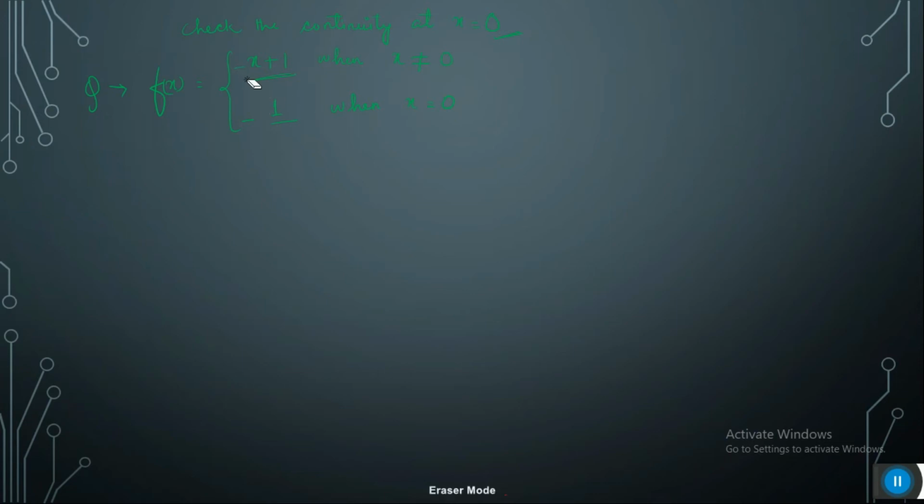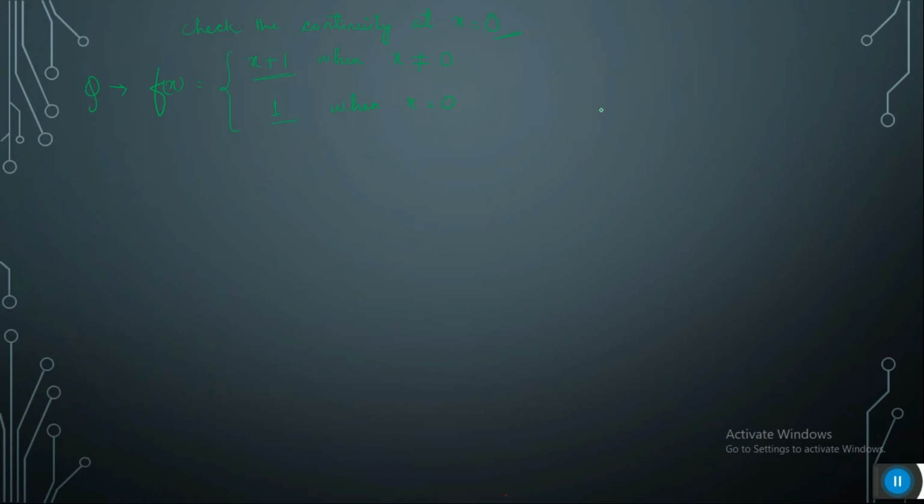So if it becomes two different functions at a particular point, then you should be concerned about checking its continuity at that point. So here you can see at x not equal to 0 it is this, and at 0 it is 1.